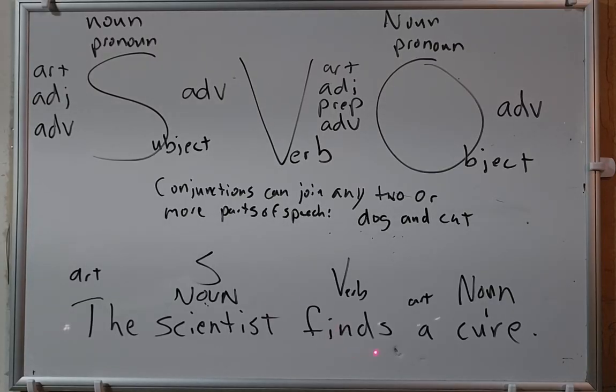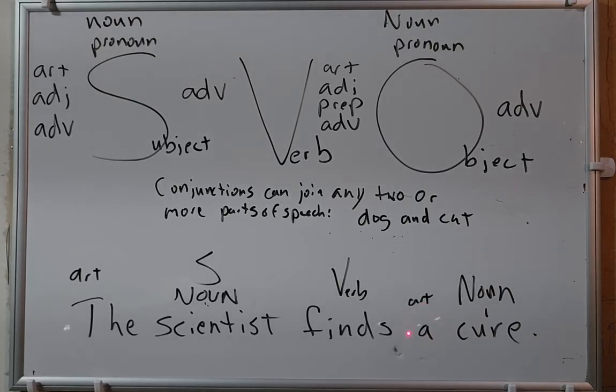Following, we have the verb, finds. This is an action. This means the scientist is doing this action. And the verb is in the verb position, which is following the subject always. There are a few cases where the verb is before the subject. We will discuss that in a later video.